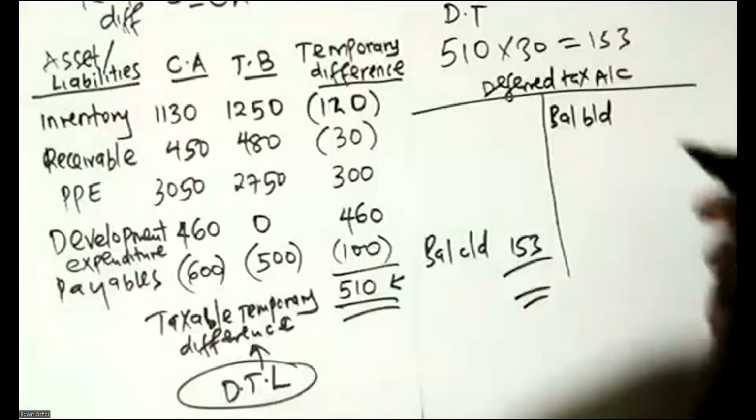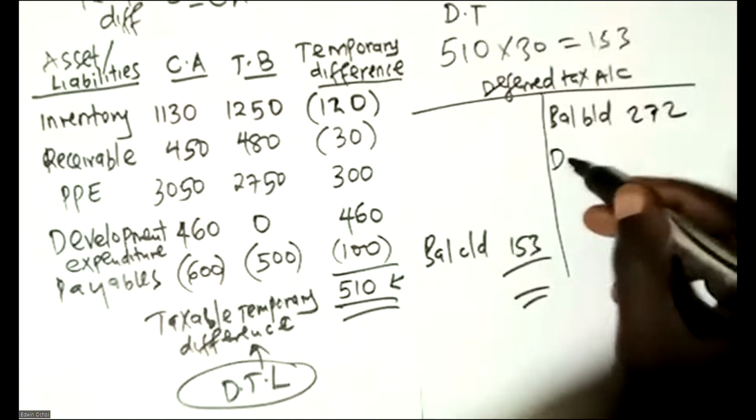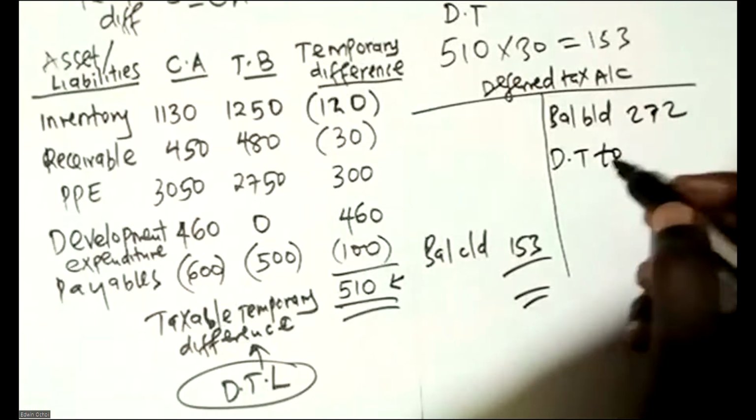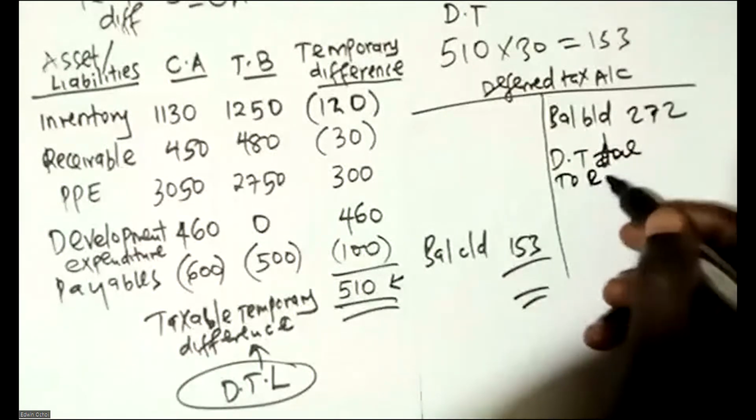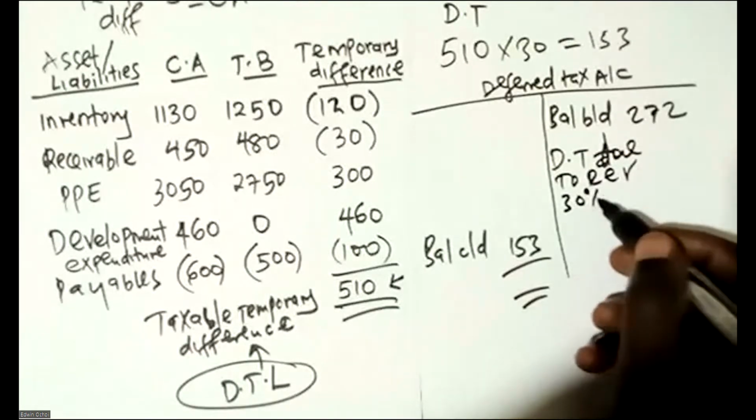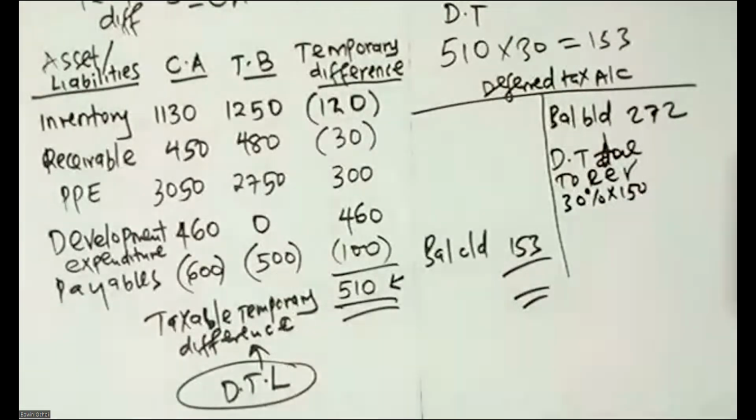So what you do, you take 272 there, then deferred tax due to revaluation. 30% of 150 is 45. So the balancing figure is in which side? So 272, remember that the revaluation increases this account. So there's deferred tax in that revaluation.